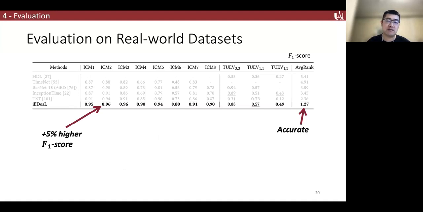We compare the results of IDEAL to both IED detection methods in neuroscience and recent time series classification methods. We show that IDEAL achieved the highest F beta score.